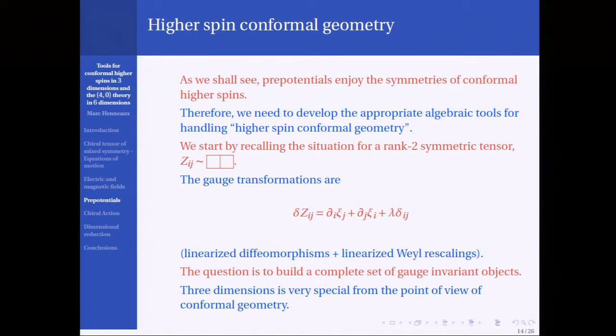We know that 3 is very different from 4 and higher from the point of view of conformal geometry. And we will see something very similar for our two-two tensor, but it turns out that it's 5 dimensions that will be the critical dimension. So let me explain that.